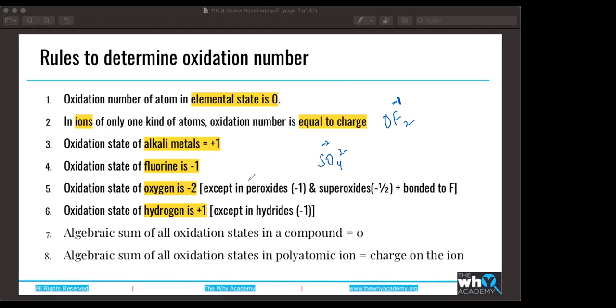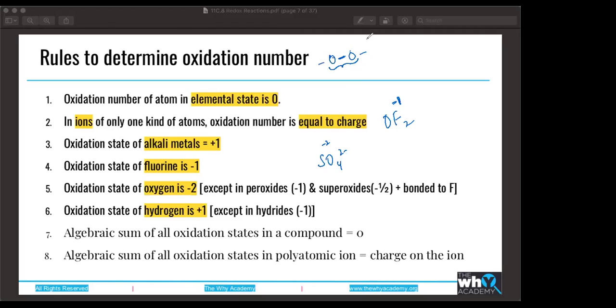And that too, it is -1 in peroxide and -0.5 in superoxide, because oxygen is bonded to itself. When an element is bonded to the same element, if there's an O-O bond for example, electrons are shared equally between these two because there's no electronegativity difference.